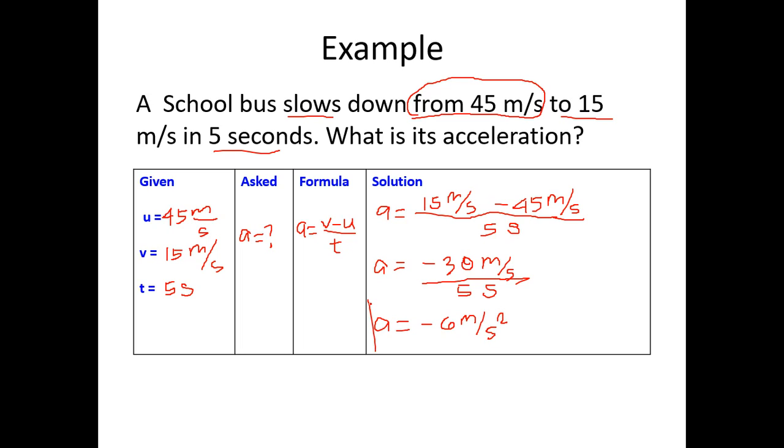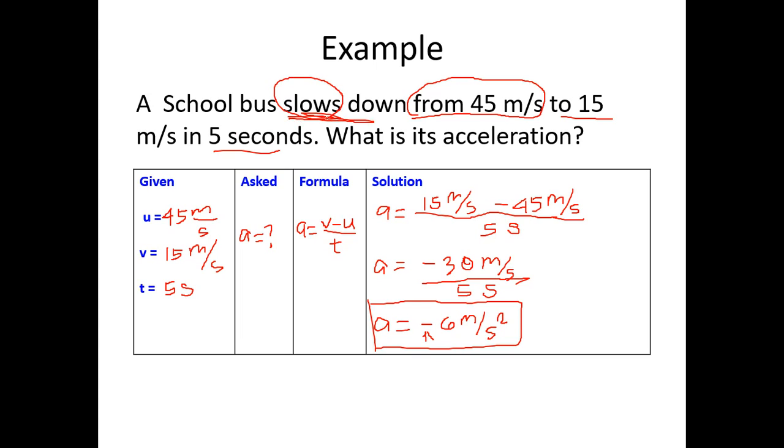So there is your answer. Now, if you try to look at your final answer, there is this negative right there. What is the meaning of this negative number? How is this different from previous problems which give you positive? Does that mean that this acceleration is negative? The answer is yes, that acceleration should be negative. And what does that mean? If you look at the problem, it says the bus is slowing down.